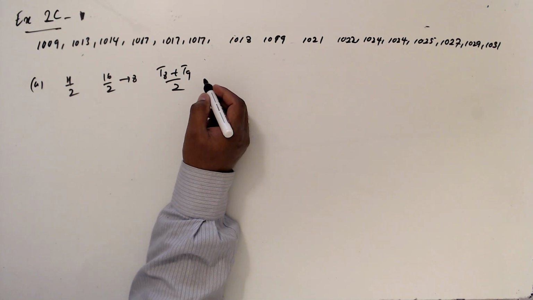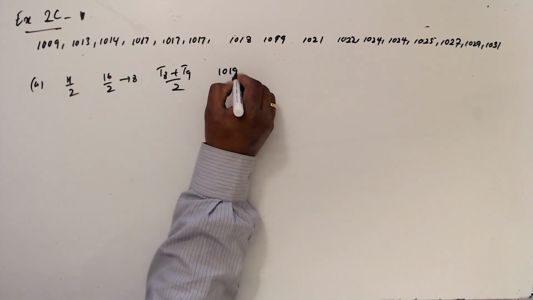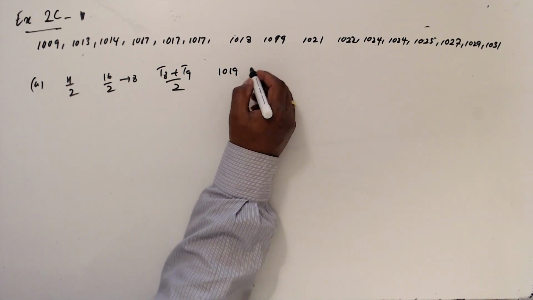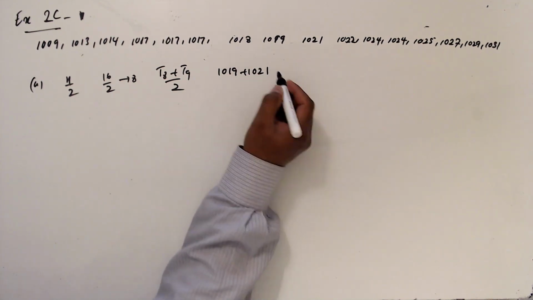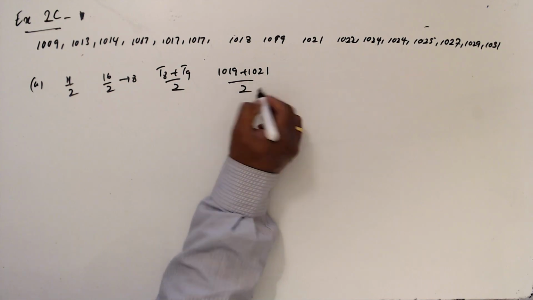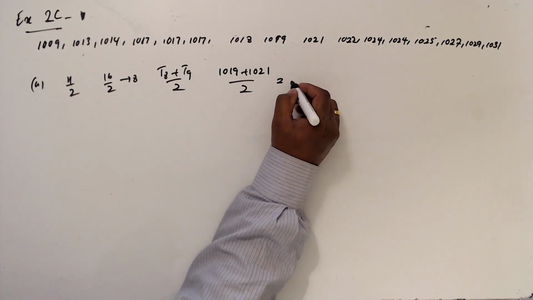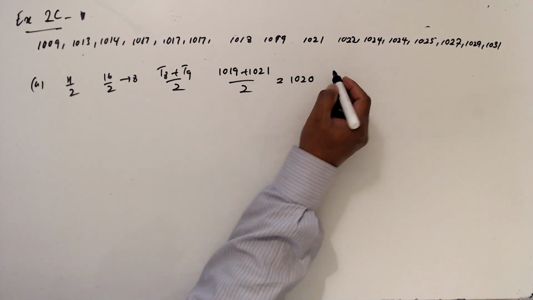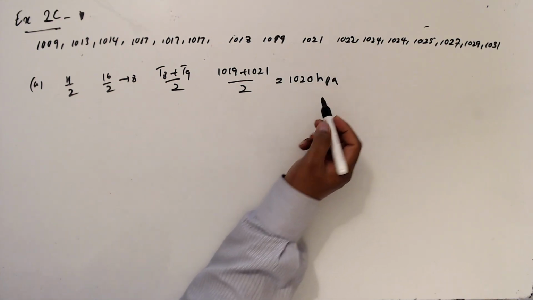So the T8 term is 1019, and the other term is 1021. Divided by 2, this is going to be 1020. This is the median term.